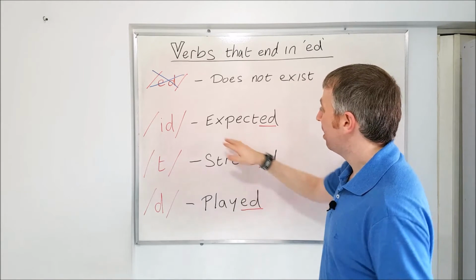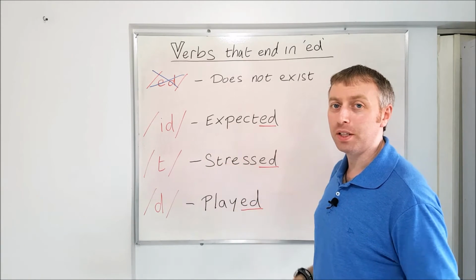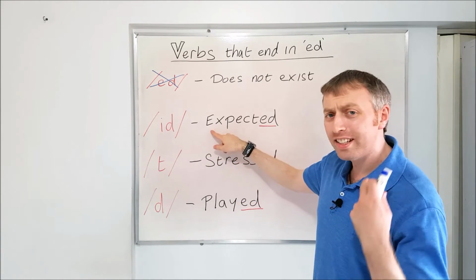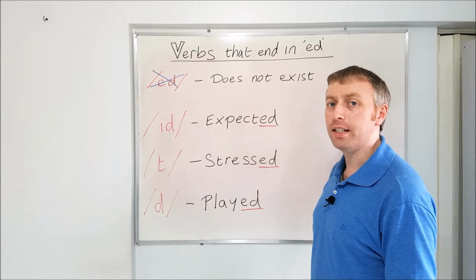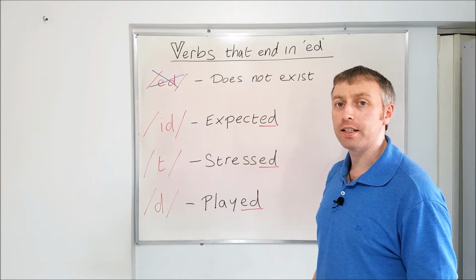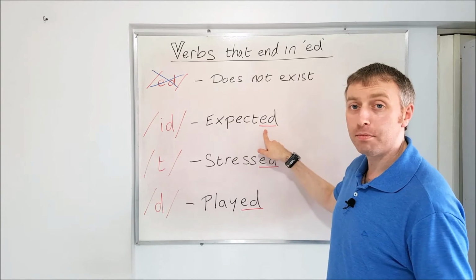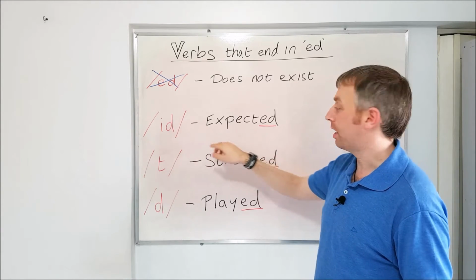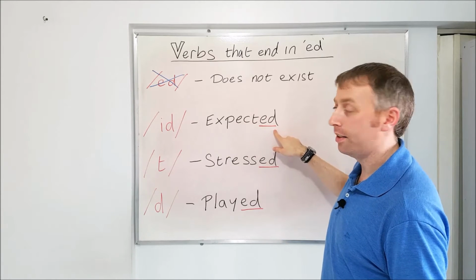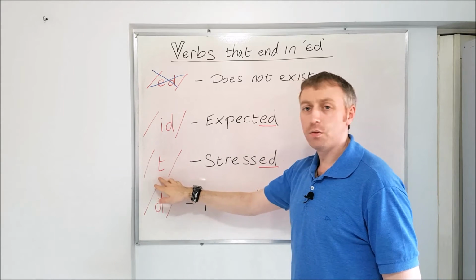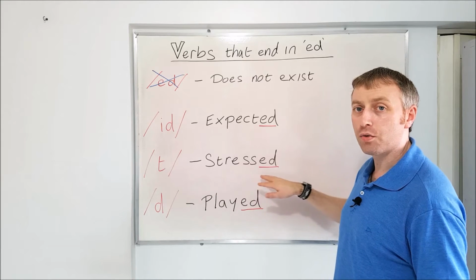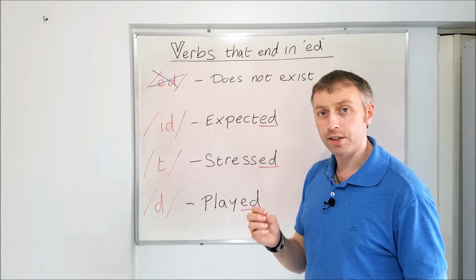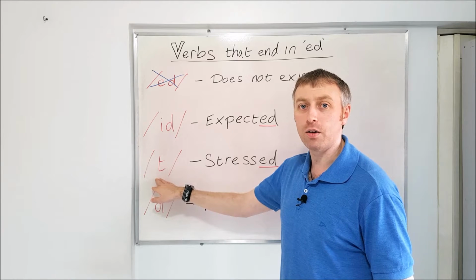So let's look at these words to give you an example. Listen to the way I pronounce them. Expected. Notice that this becomes the "id" sound. Expected. This one, stress, becomes stressed. Can you hear the t sound?